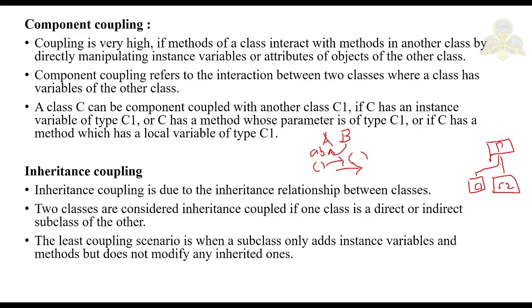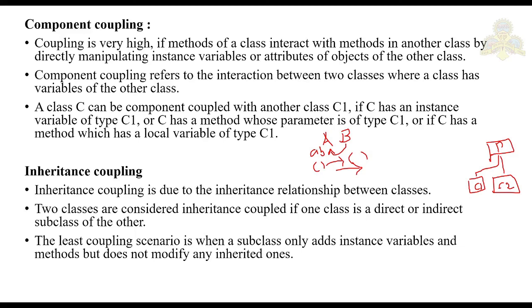These children inherit properties from the parent class, and we call this an inheritance relationship. So two classes are inheritance coupled if one is a direct or indirect subclass of the other. Here C1 is a subclass of P.